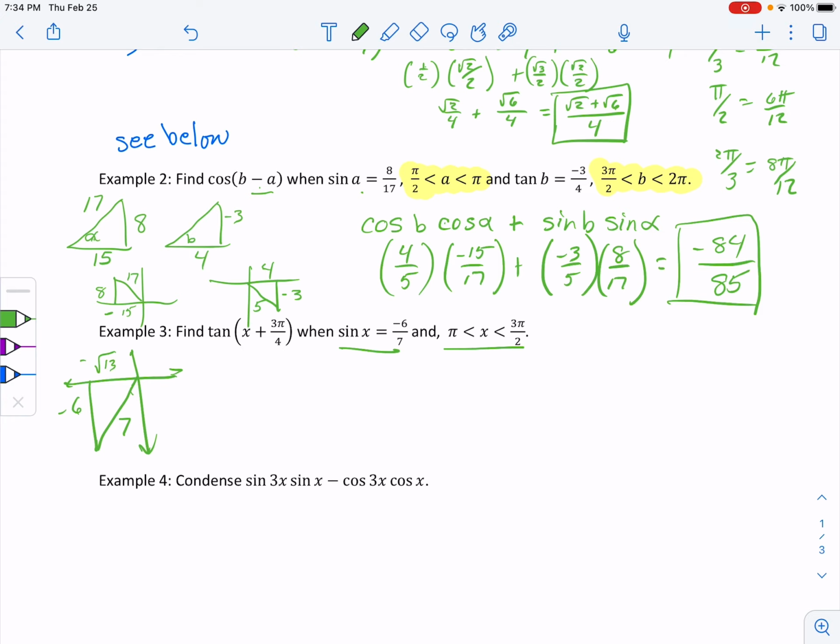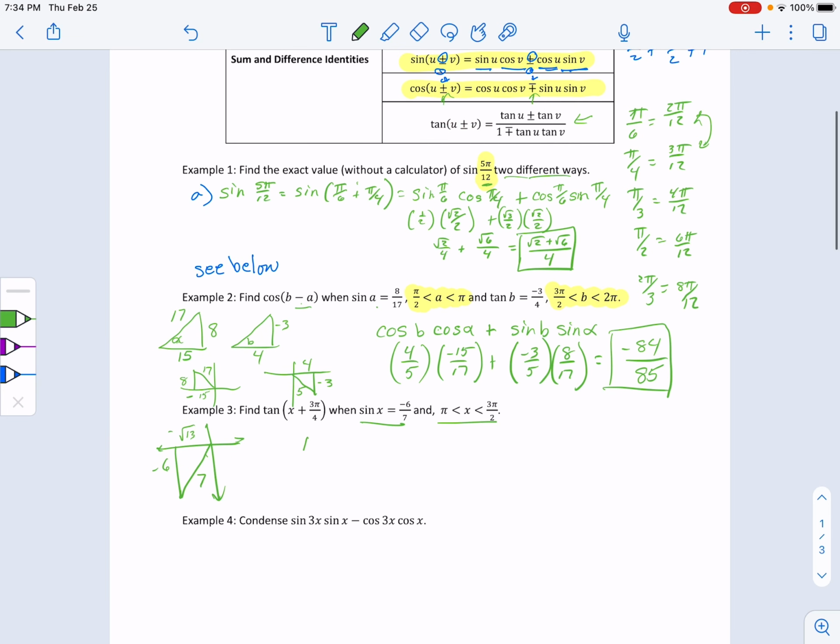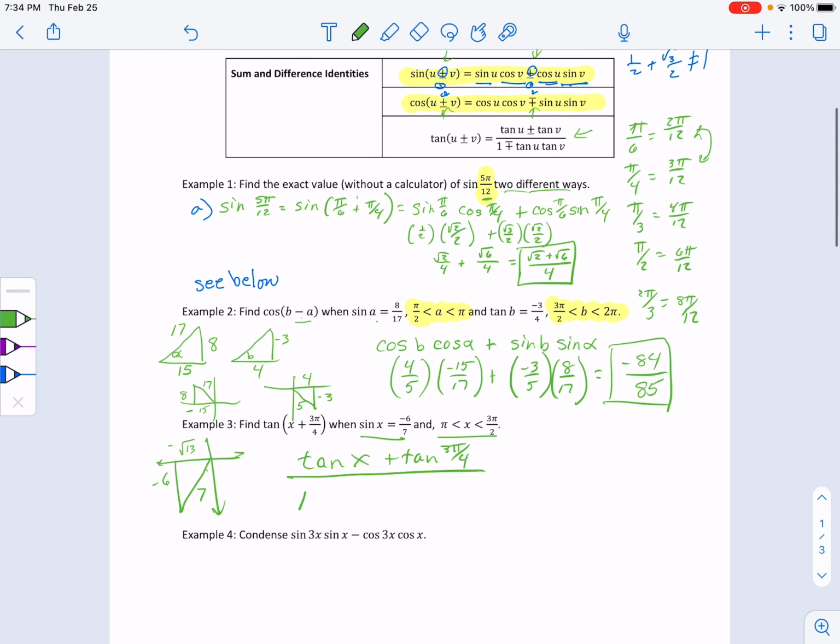All right, so the tangent, what's the formula? I've got a product, a sum. So it's the tangent of the first one, the tangent of x, plus the tangent of 3 pi over 4, divided by 1. If this was a plus, then this one's a minus on the bottom. The tan of x times the tan of 3 pi over 4.